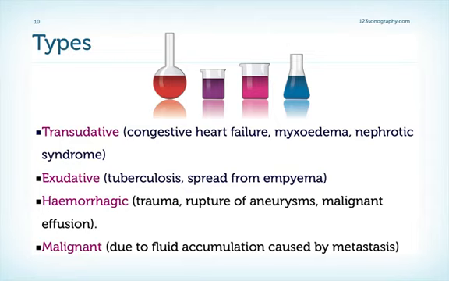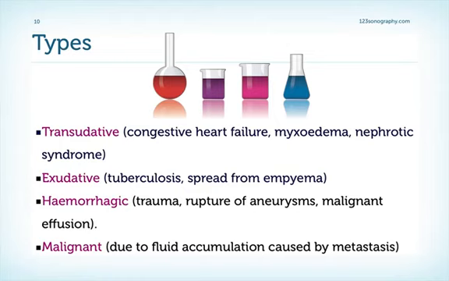Exudative pericardial effusions are usually caused by some form of infection, such as tuberculosis, or spread from empyema. The fluid itself has a high protein content and also many white blood cells. Hemorrhagic effusions are caused by trauma, rupture of aneurysms, or also in the setting of malignant disease.